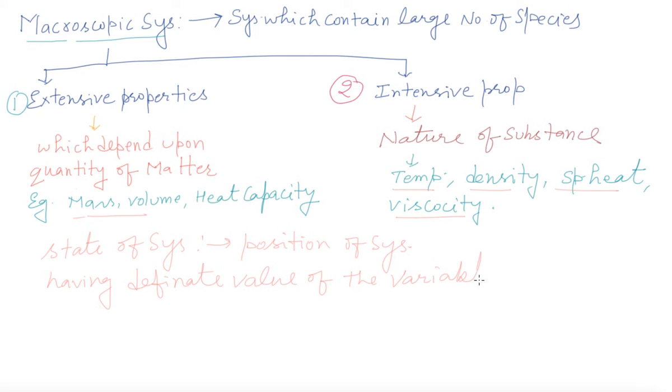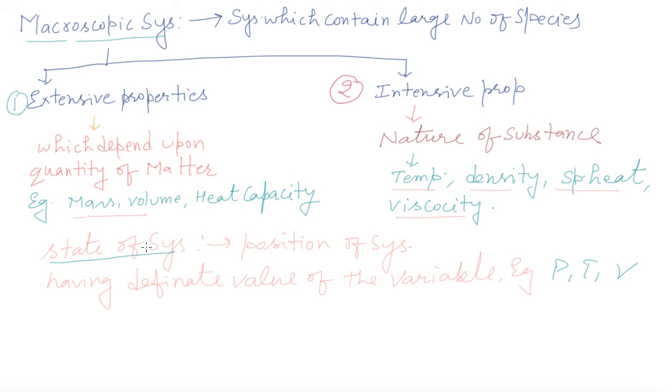These are called state variables. If we change the pressure, temperature, or volume, then the state of the system can be changed.